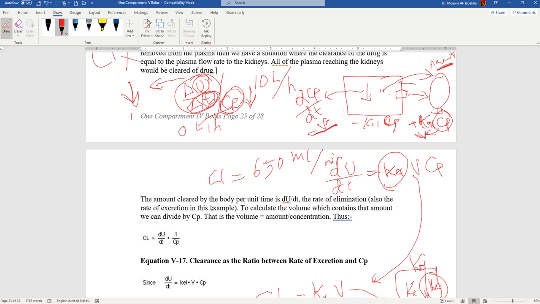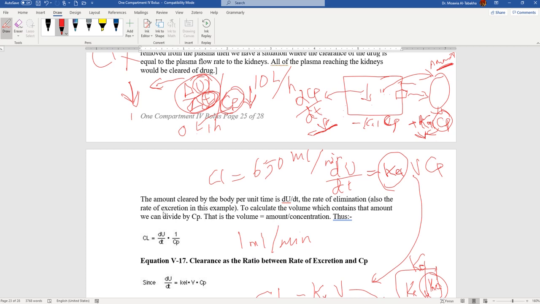Now if there is another drug with a renal clearance of 1 ml per minute, do I consider that the kidneys are efficient in removing this drug? No, they are not efficient. Pay attention, please: 1 ml per minute does not mean that the kidneys are not working well. It depends on the drug and the patient.